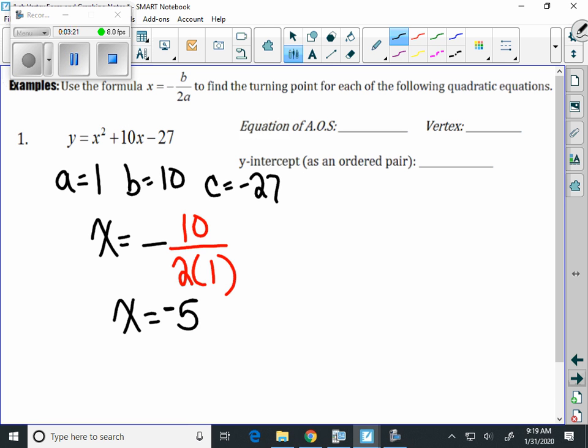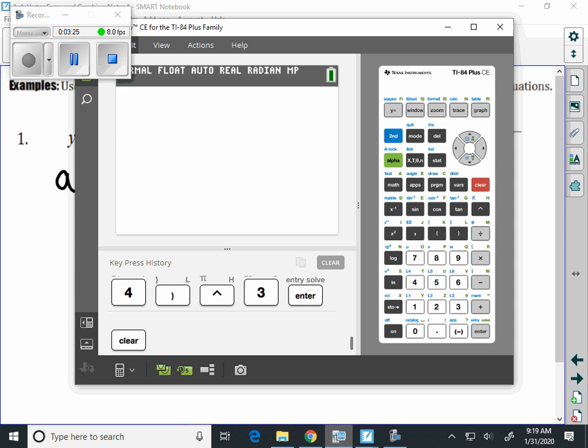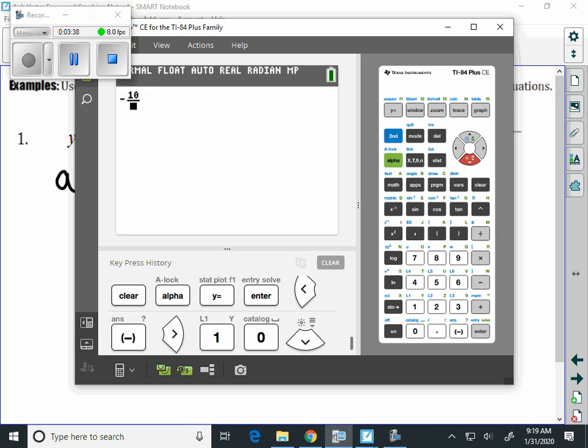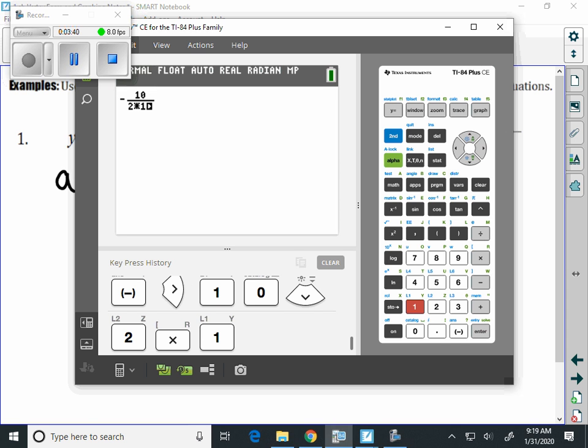Again, you can type that in your calculator. Why don't I just do that? It's alpha y equals, for the fraction button. I actually need to have a negative out in front of that. And then it's 10 divided by 2 times 1. So there it is with the fraction button.